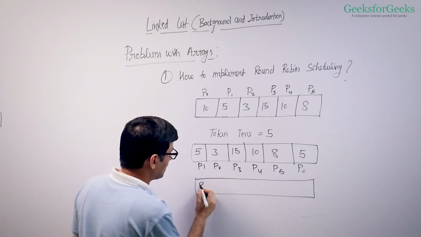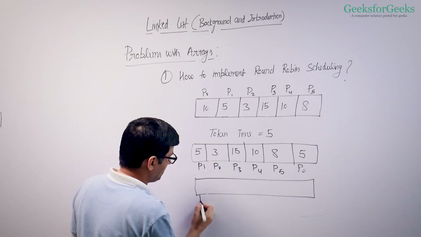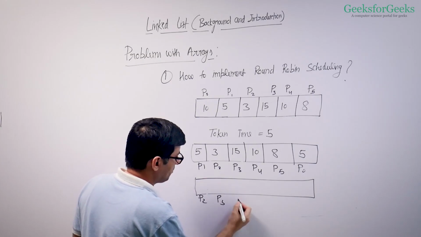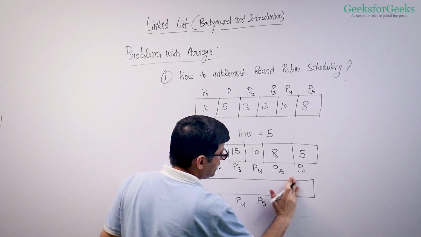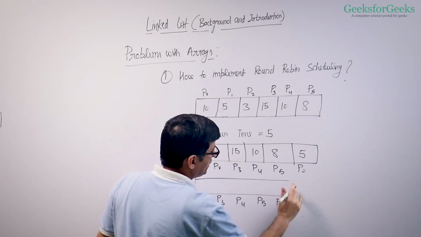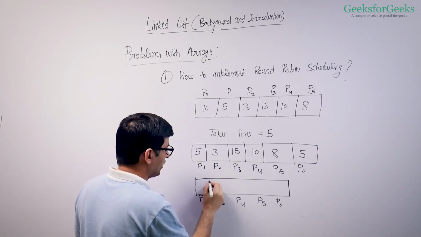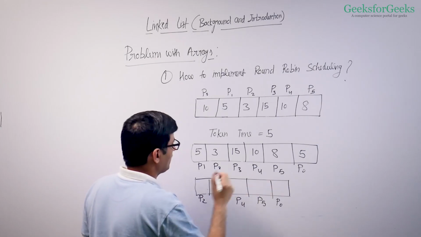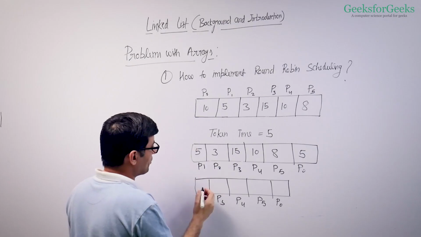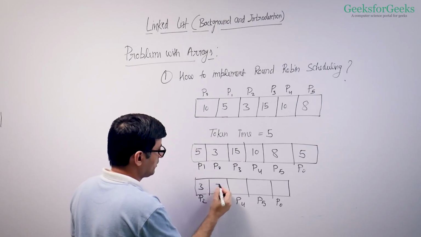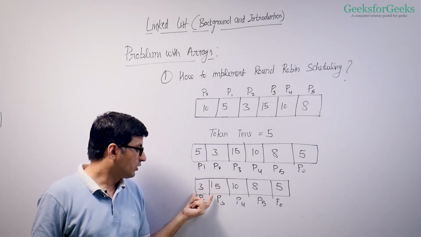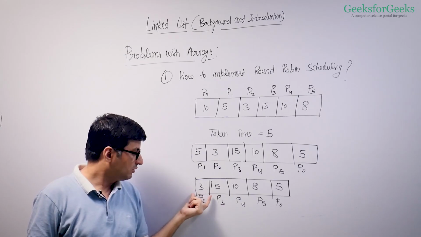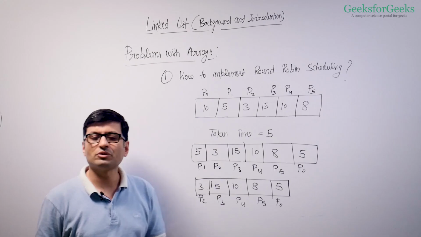So you have P2 now, P3, P4, P5 and P0. So you have only these processes in the queue left now, right? So you removed P1 because P1 is done. Now you allocate the processor to process P2, it gets 5 units, but it needs only 3 units.